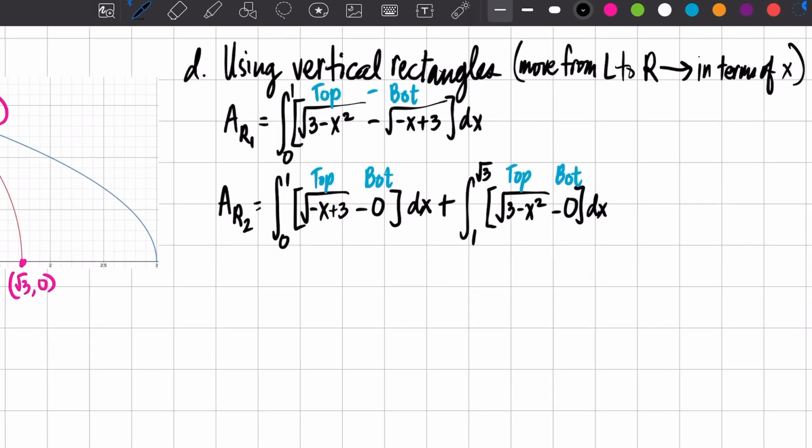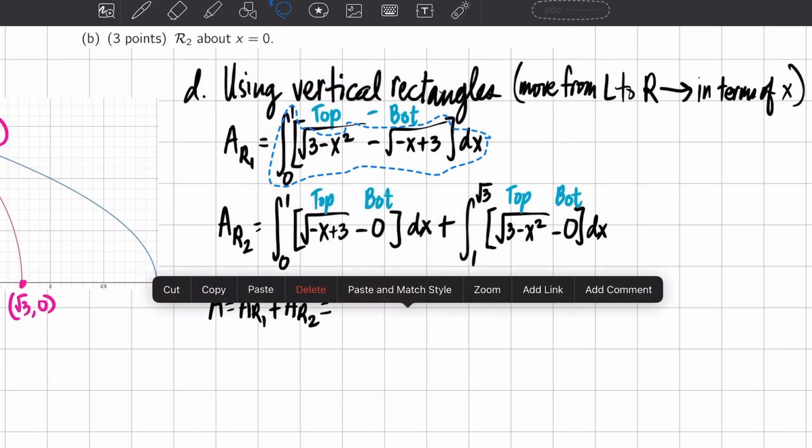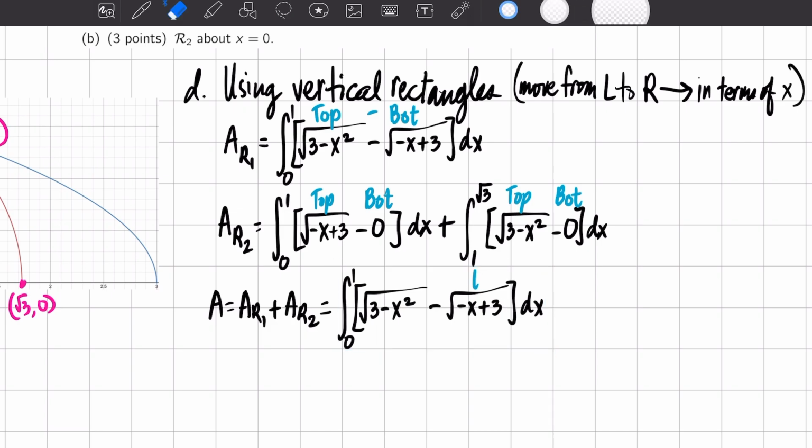And so your area would just be the area of R1 plus the area of R2. And that one would be this one right here. I'll just copy it. Okay, I hope I'll copy it perfectly. So it's this one. Plus, I'll just copy the entire thing.